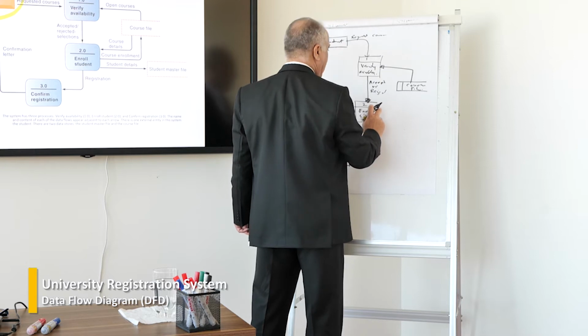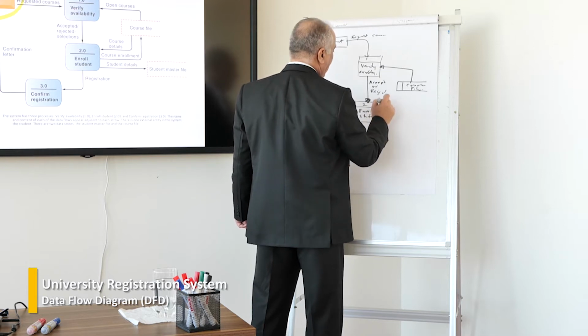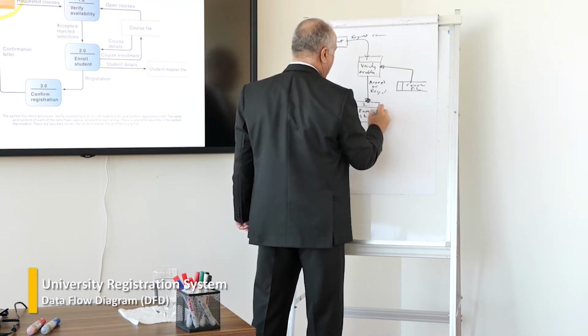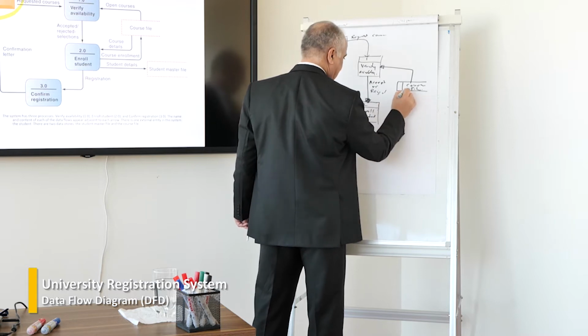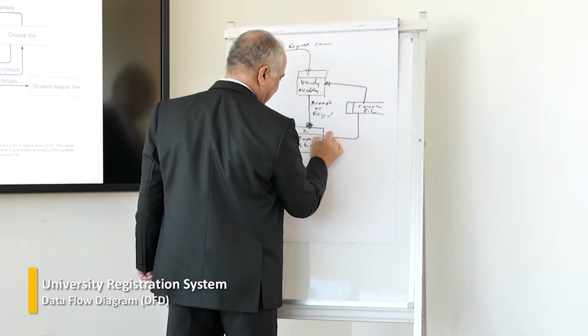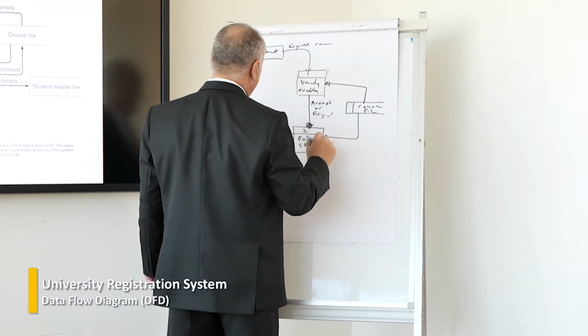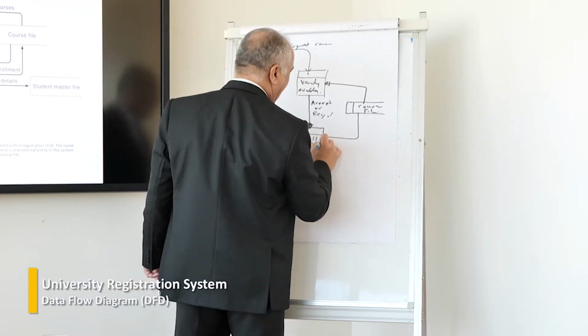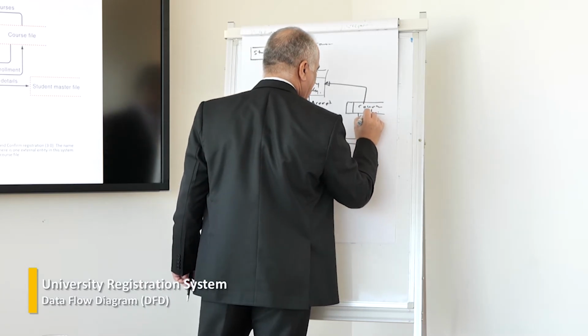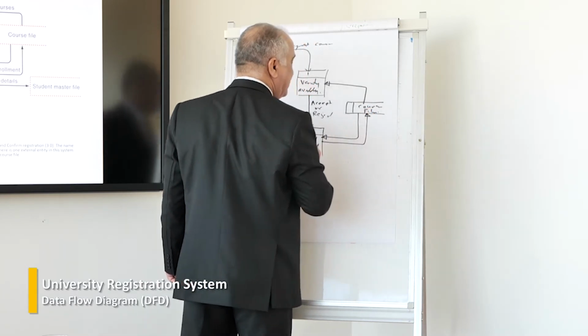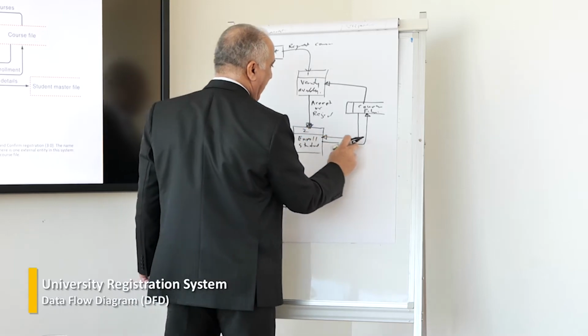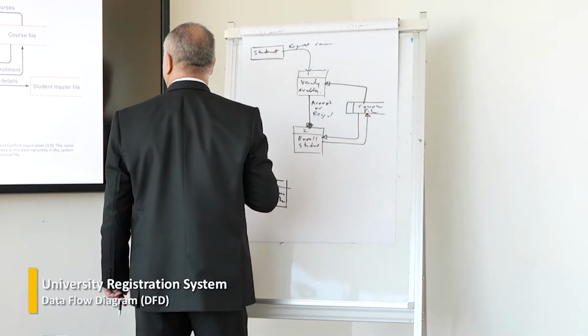That means we need to access, look at that, we're reading the course detail. And then we need to update to say this student number is taking this course. So we are writing to the file to update it.